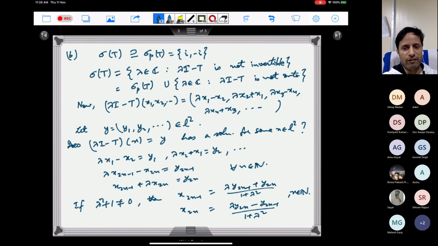If it is onto for every lambda not equal to i and minus i, then that will mean that it is not in the spectrum, because it is one-one also. But this is not enough. Again, you have to make sure that this vector x that you are getting is in L2 or not.